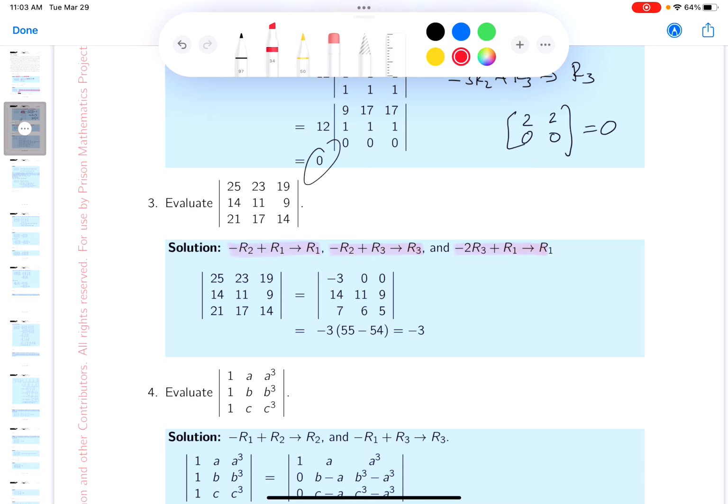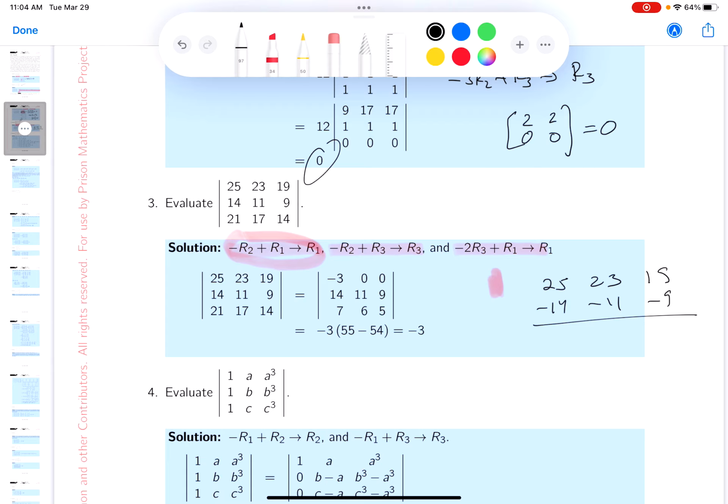Let's go through this one. So it says row 1, which is 20. I'm doing this one first. Let me write that down. So let's see, row 1, which is 25, 23, and 19, and minus row 2. So minus 14, minus 11, minus 9. And what would you get there?